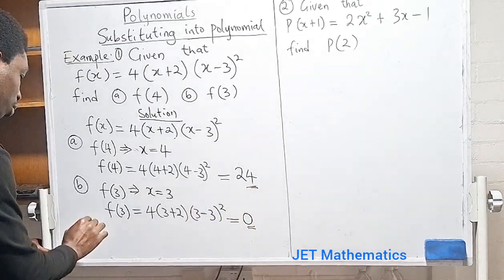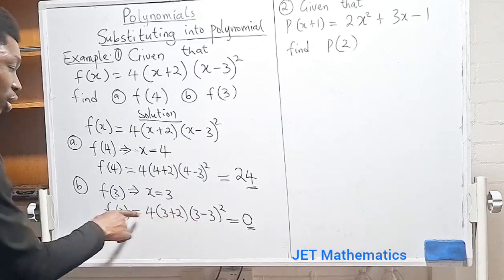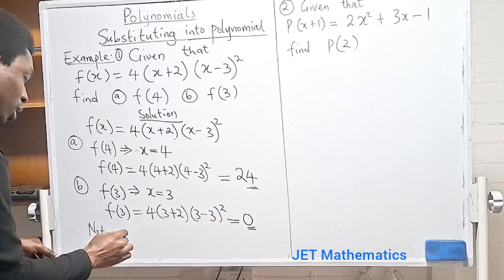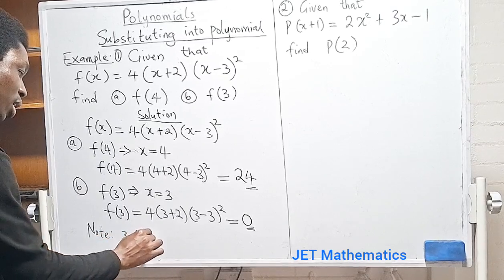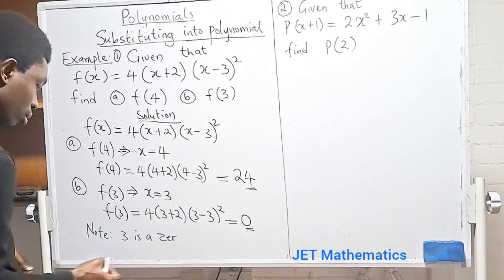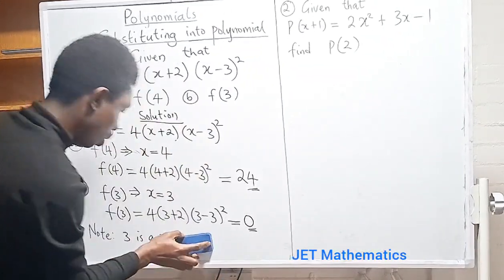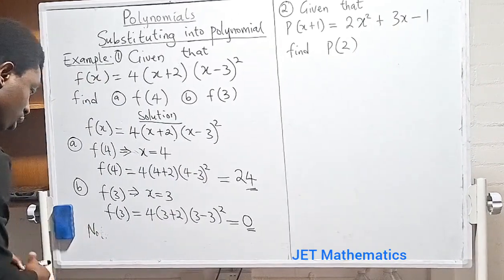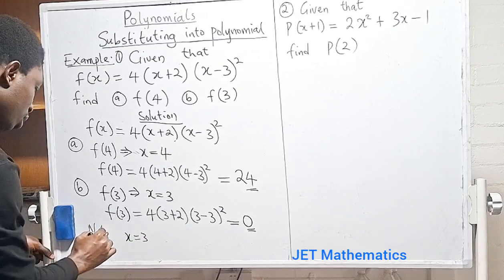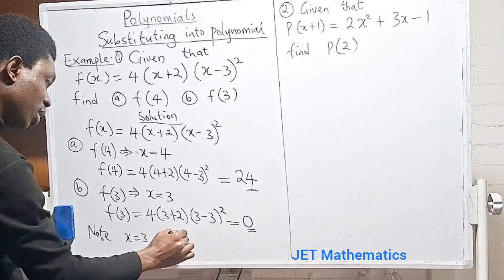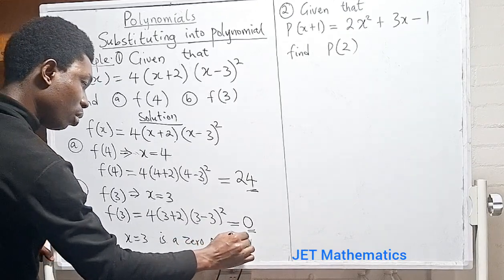But note, since we substituted 3 into the function and it gave us 0, it means that x equals 3 is a 0 of the polynomial.